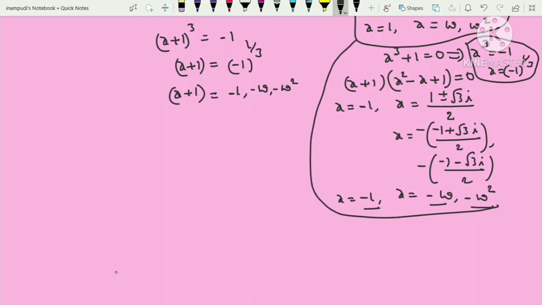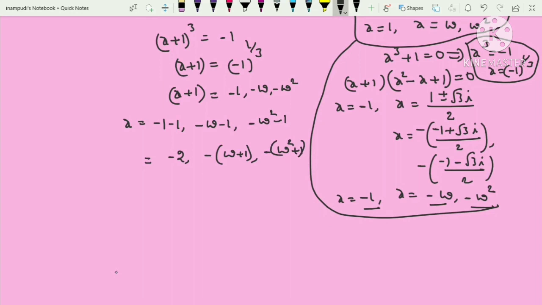So x is equal to minus 1 minus 1, minus omega minus 1, minus omega square minus 1. That is minus 2, minus of omega plus 1, minus of omega square plus 1.